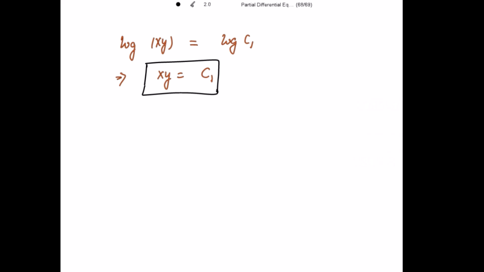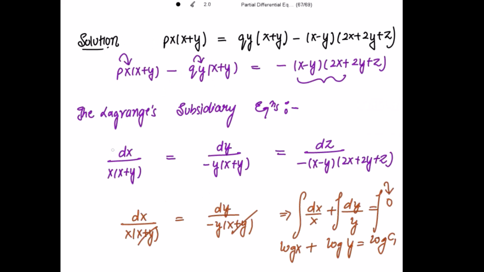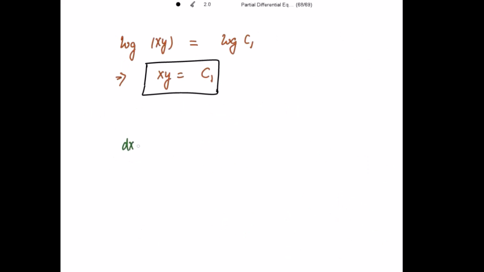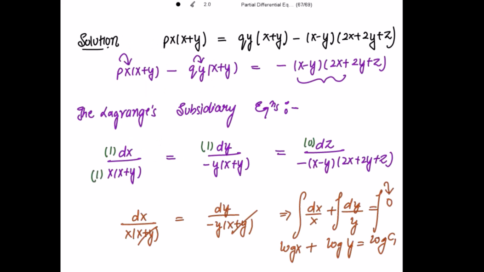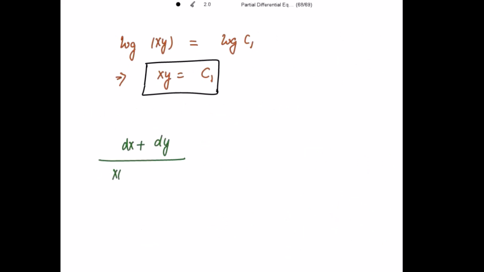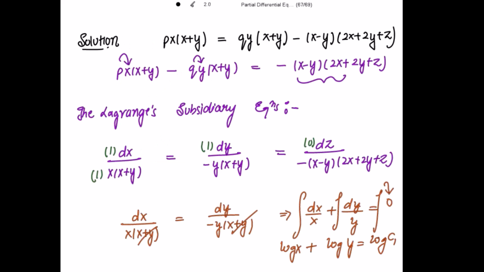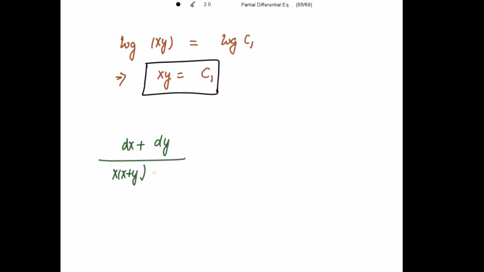So this is the first solution we have got. And now to get another solution, let me use the multiplier 1, and here also 1, and here 0, and adding all these numerators. dx + dy + 0 into dz, that is 0, so there is no need to write, divided by multiplying the denominator of the first ratio with 1, that is x(x + y), and multiplying the denominator of the second ratio with 1, we get −y(x + y), and adding.